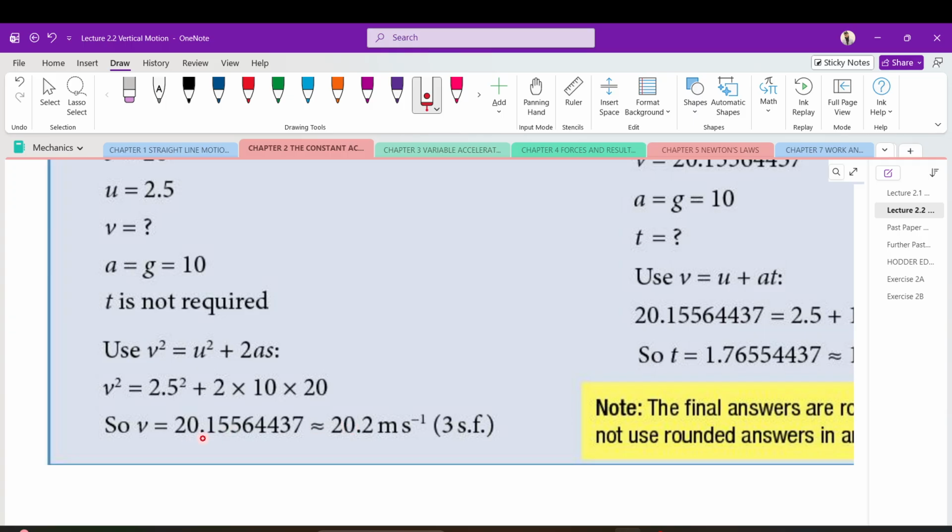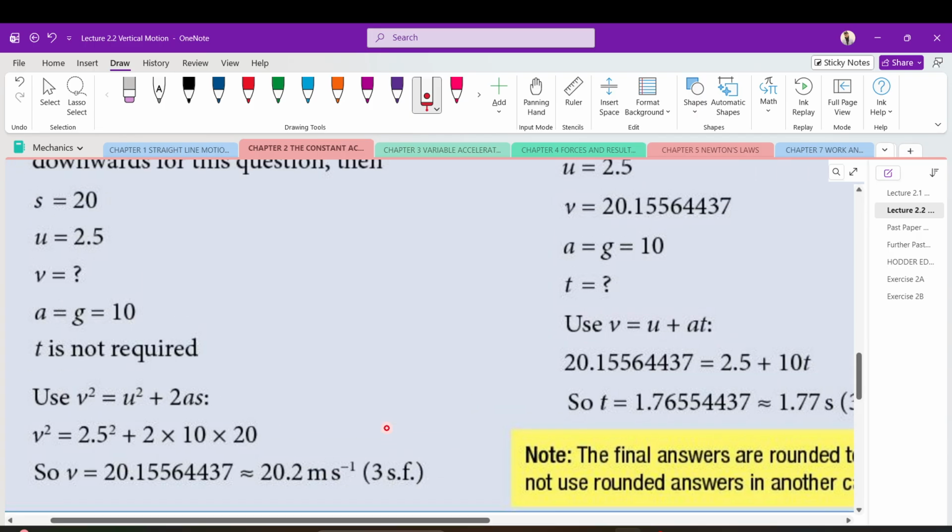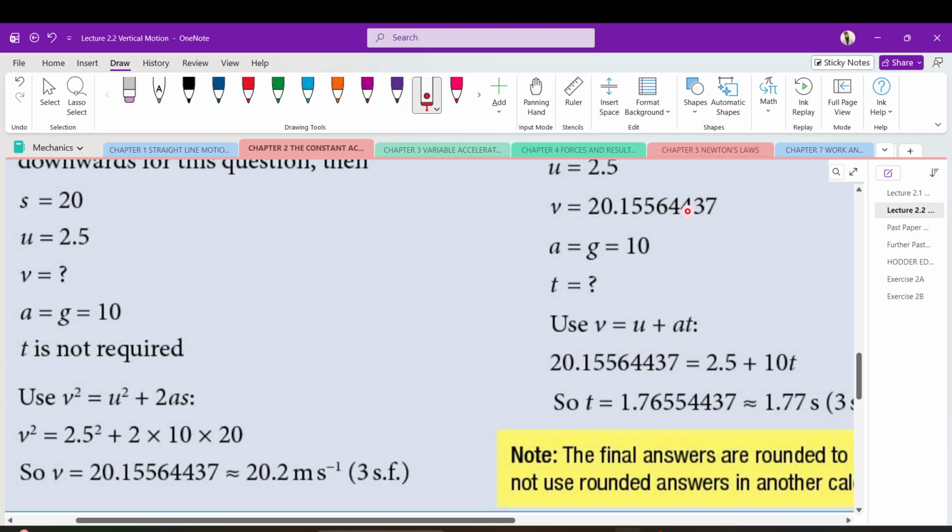So maybe you can use 20.1556 or 20.157. If your final answer is given to 3SF, then use a value of at least 4SF or 5SF. Over here they've actually used a much greater accuracy, but what you can do is at least use a value which is at least 4SF or 5SF.